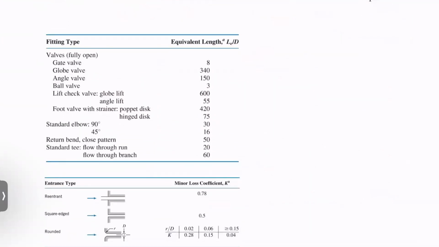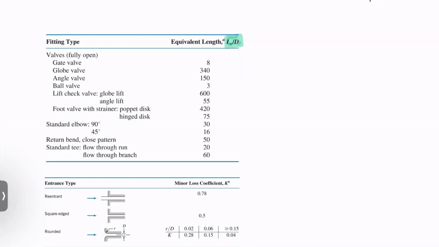Okay, so these are the types of tables that we are going to be using. So if you want to use the equivalent length formulation for minor losses, you might use a table like this.